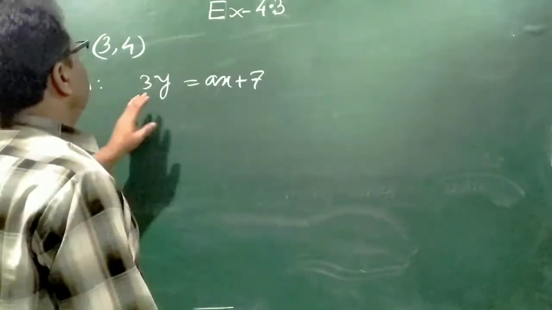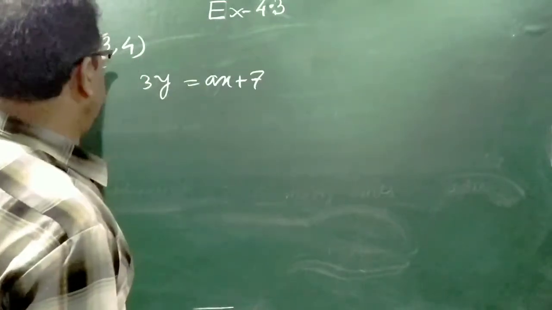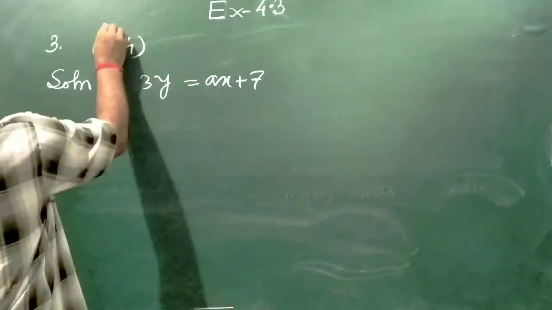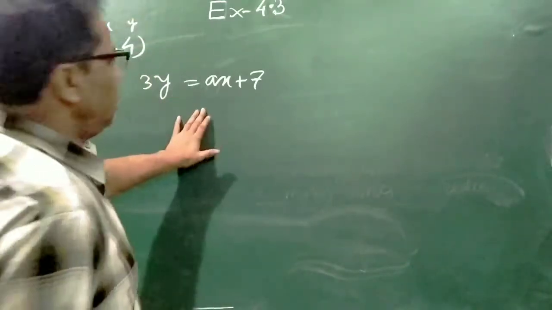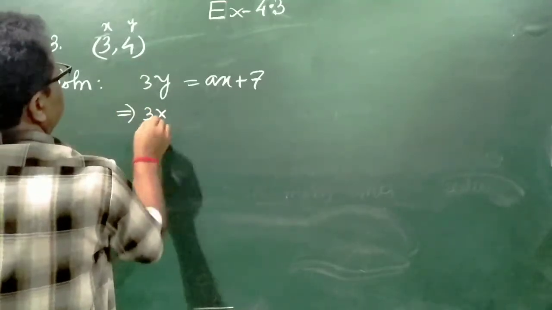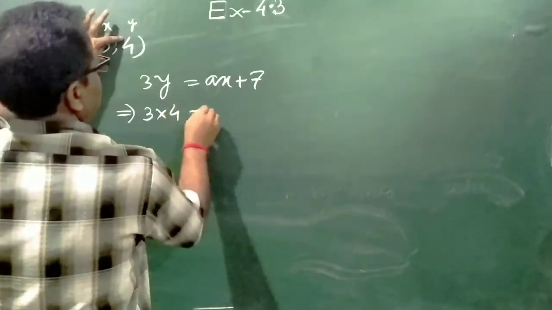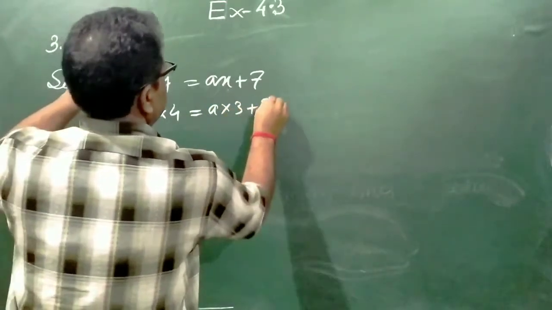Since this line passes through (3, 4), this is the first value for x and the second value for y. So this point will satisfy the equation, so we place the values for x and y. 3 into the value of y, which is 4, equals a into x value 3, plus 7.